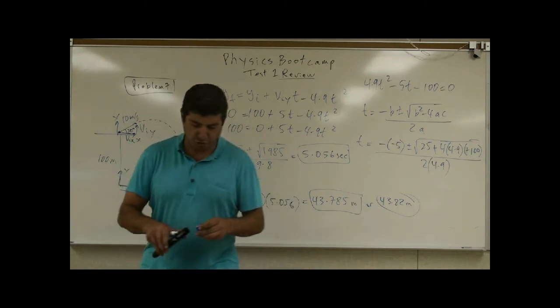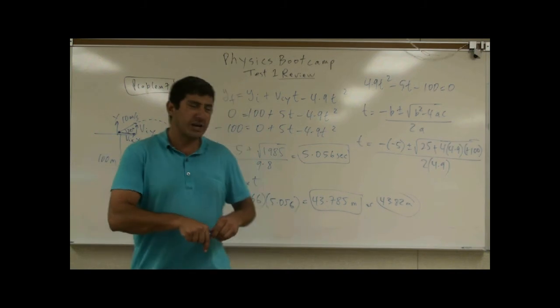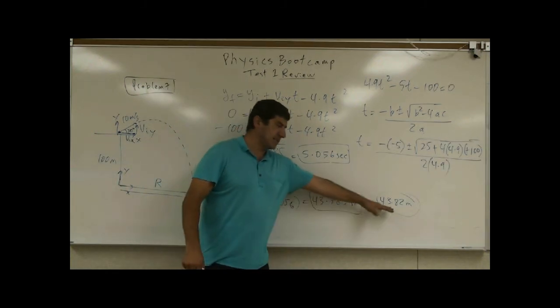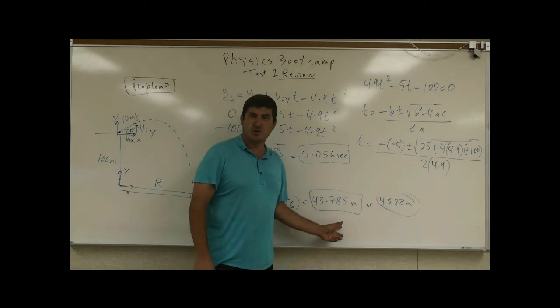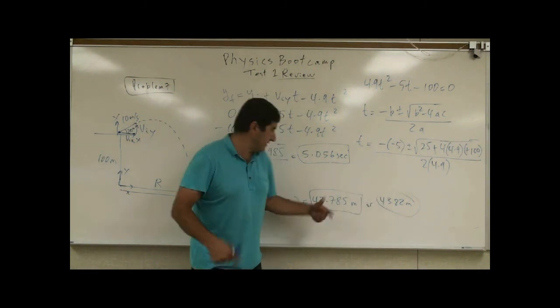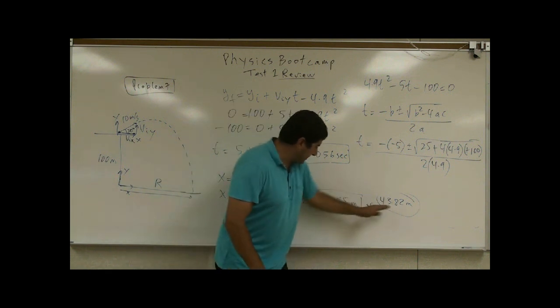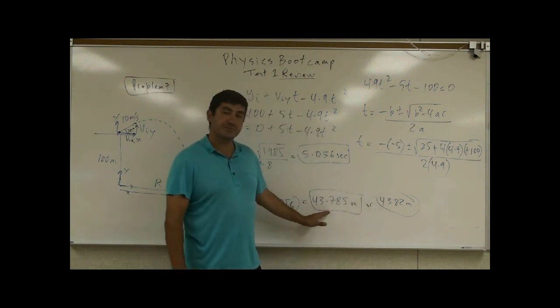I always tell my students in the test, try to keep 2 or 3 decimal places when you're multiplying, and then at the end, you can round your final answer. But even if you kept 5.056 or 5.06, the final answer is still going to be close. Okay?